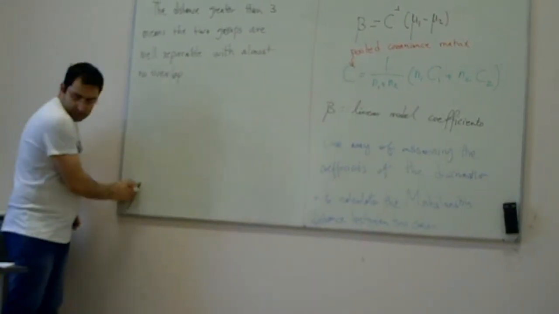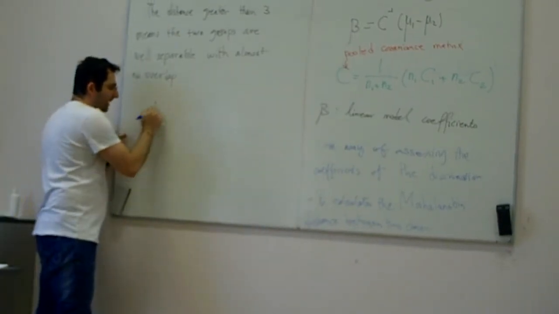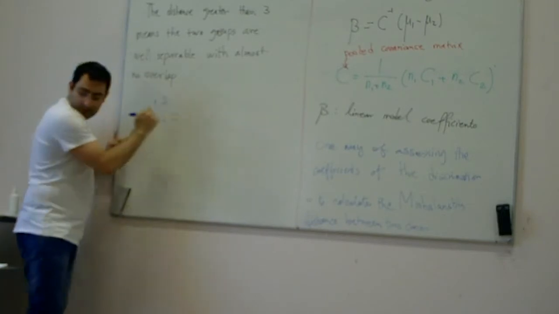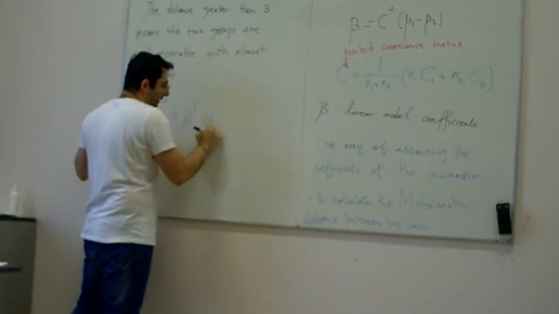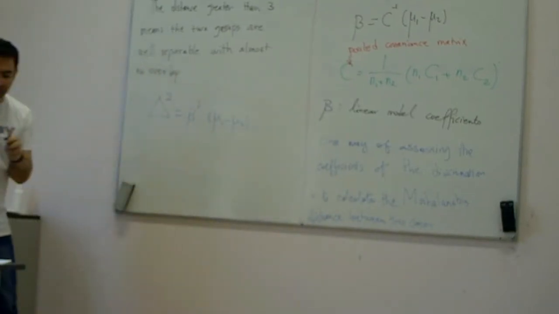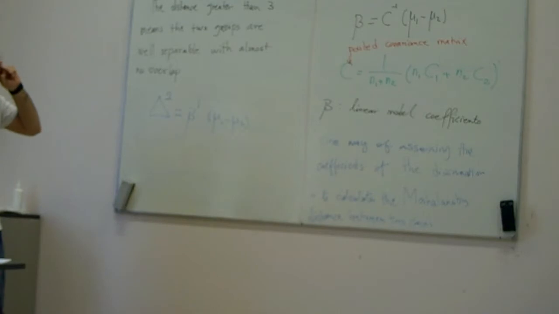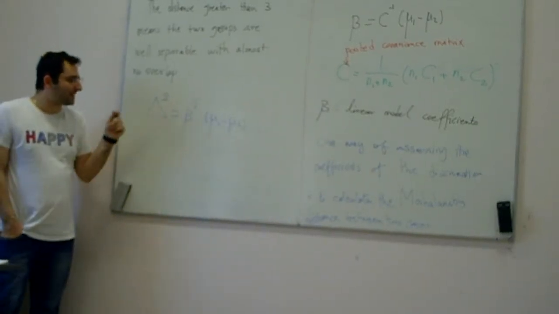And how this Mahalanobis distance is calculated is in this form. Delta squared is beta transpose multiplied by mu1 minus mu2. I'm doing a numerical example for you to see.